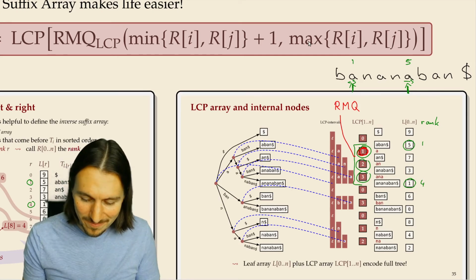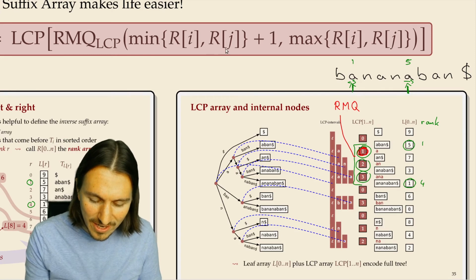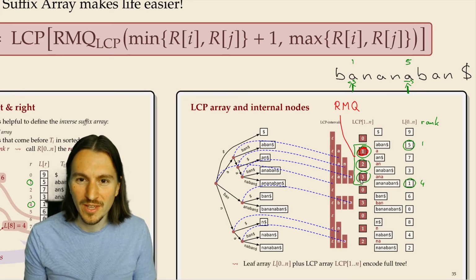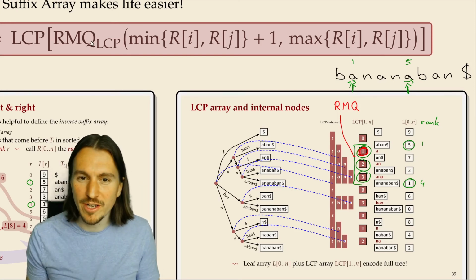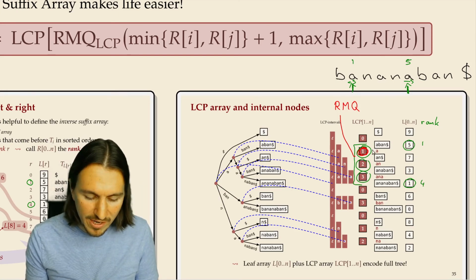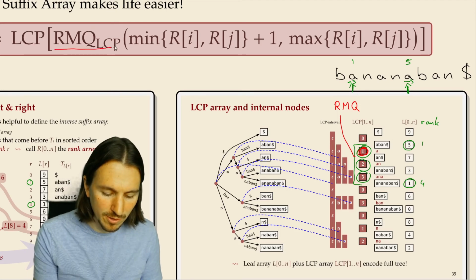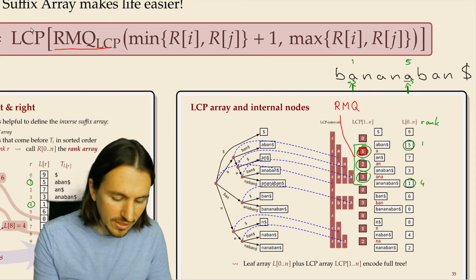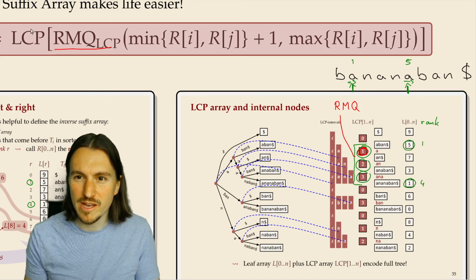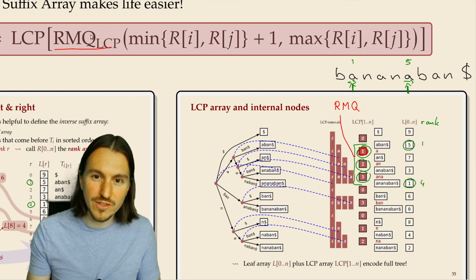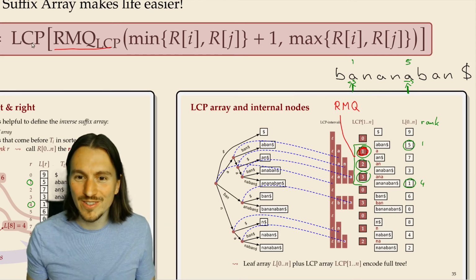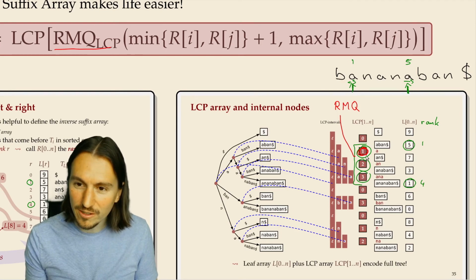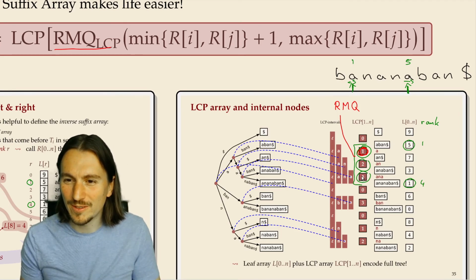And now I take this as a range here in the LCP array and find the minimum in that range. And because it's a subarray, I can use the range minimum query in the LCP array for that. And here you see I access the LCP array at that index. RMQ returns the index. LCP is the original array. So I find just the smallest value in that green range, and that is my result.